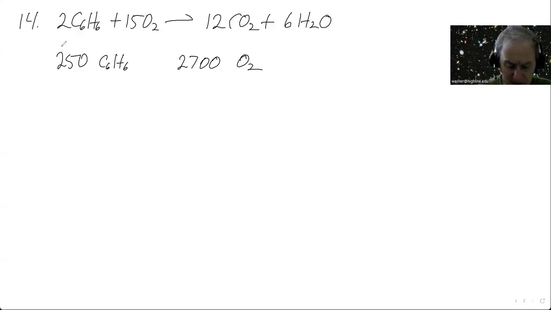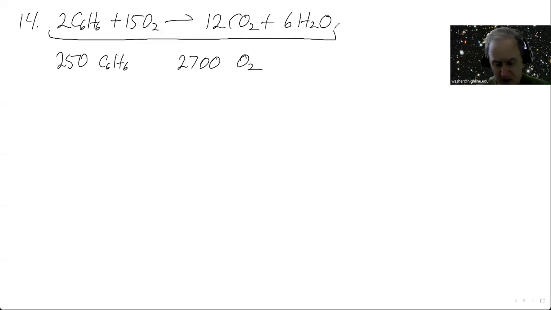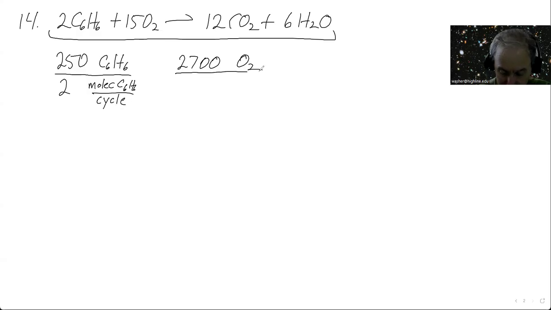You can think of this chemical equation sort of like a recipe. For each batch I want to make, I need 2 C6H6 and 15 O2s, and for each batch I make, 12 CO2s and 6 H2Os. So if I divide each number by its stoichiometric coefficient, this would be 250 divided by 2 molecules of C6H6 per cycle of the reaction, and this would be 2,700 divided by 15 O2 per cycle.